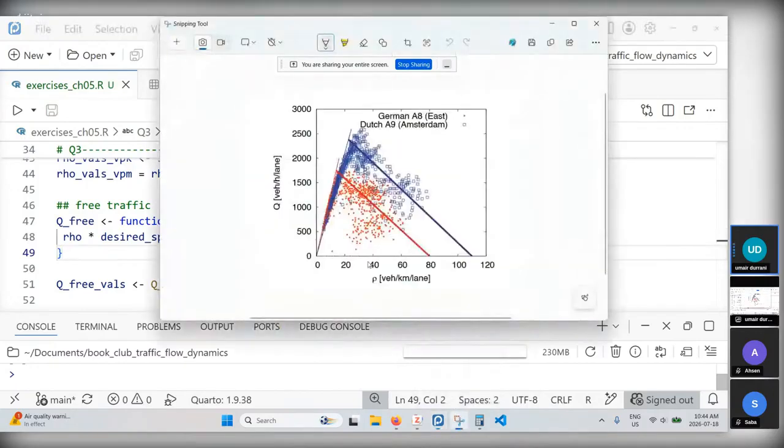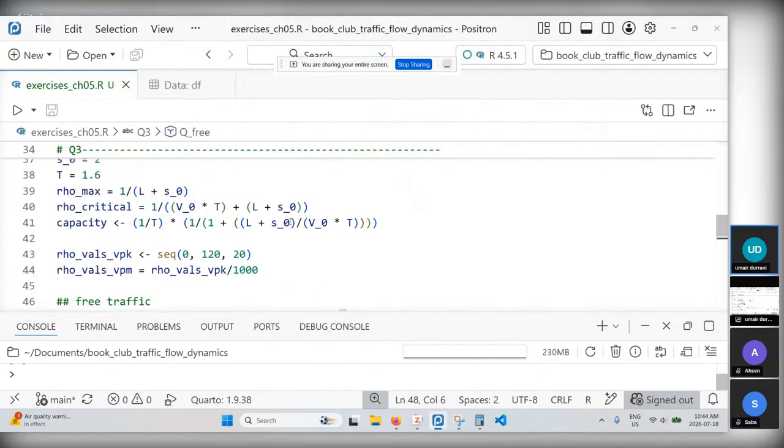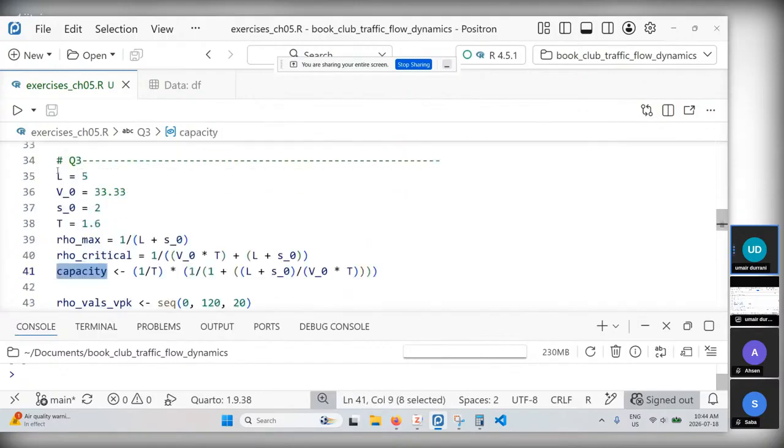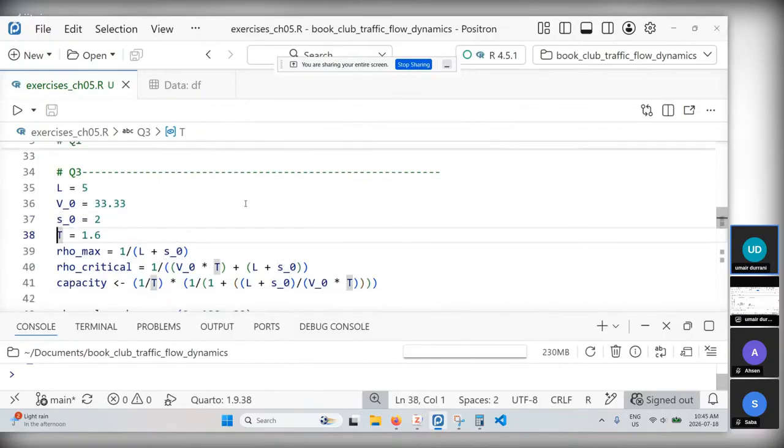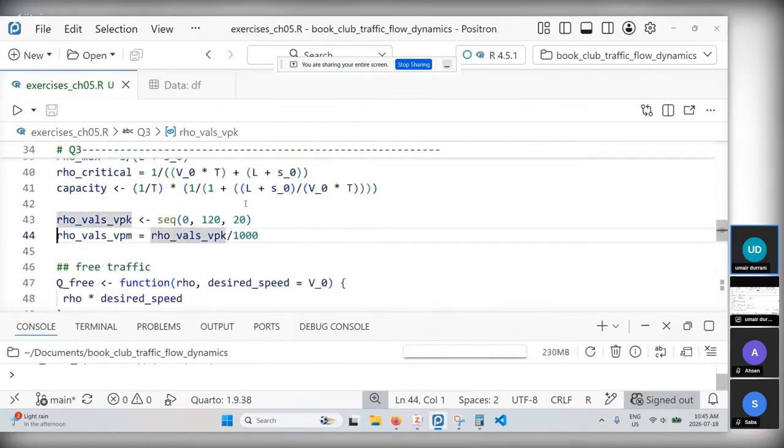So in this example, we have the hypothetical examples from 0 to 120 vehicles per kilometer per lane. So if we do that right here, and using all those formulas for the rho max, rho critical, and then capacity, we can then estimate, actually sketch the fundamental diagram.